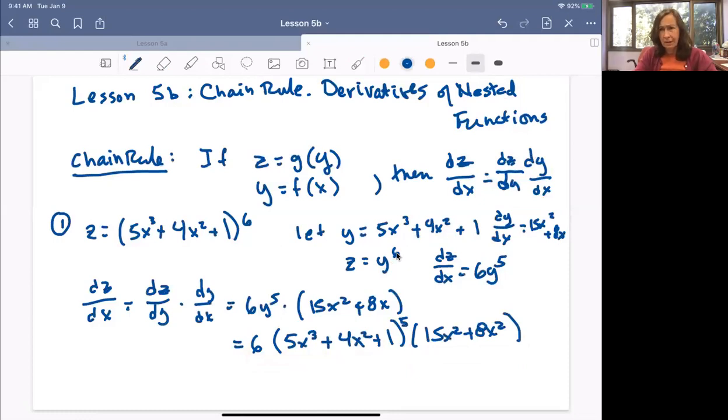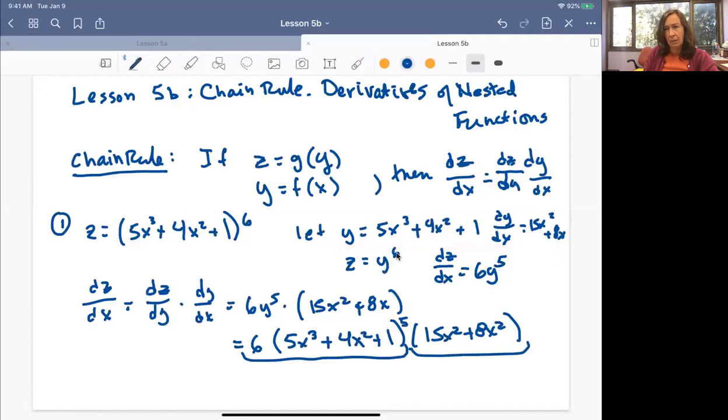You do this a lot, and you'll get to a point where you don't need to write out what y is. You can just do this step in your head. And again, that inside-outside metaphor works: the derivative of the whole thing is the derivative of the outside times the derivative of the inside.